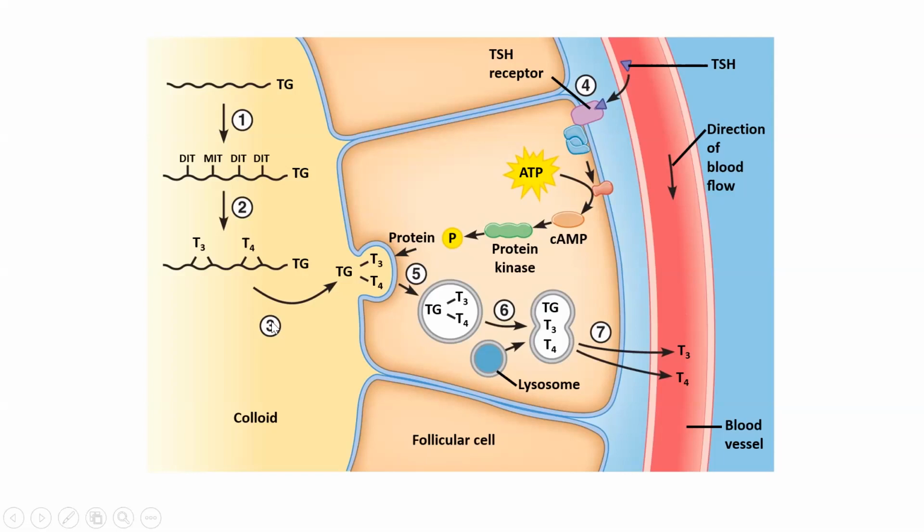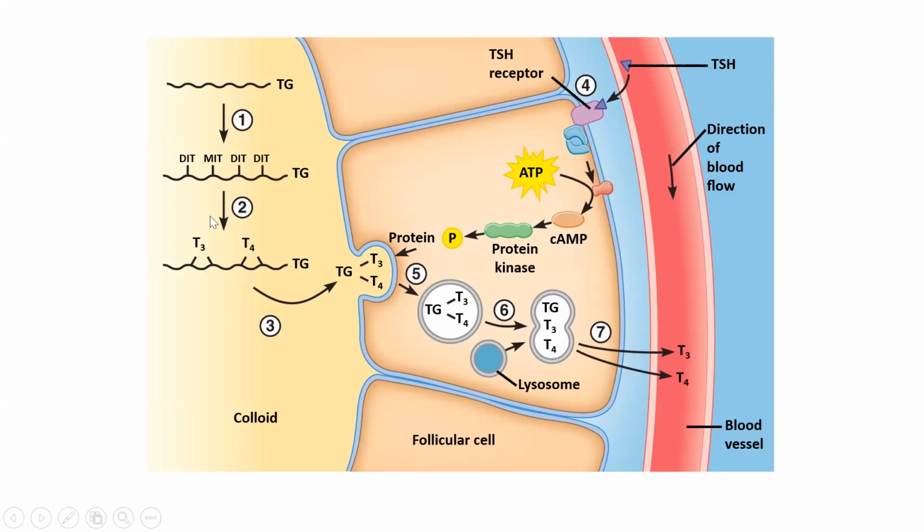So the big picture here is that we want to absorb this inactive form of thyroglobulin. We're going to make thyroid hormone within the cell, and then we're going to exocytose this thyroid hormone into the bloodstream, and then that can be diffused throughout the body and go to its individual target cells, which happen to be all of our cells, and then influence metabolic activity that way.